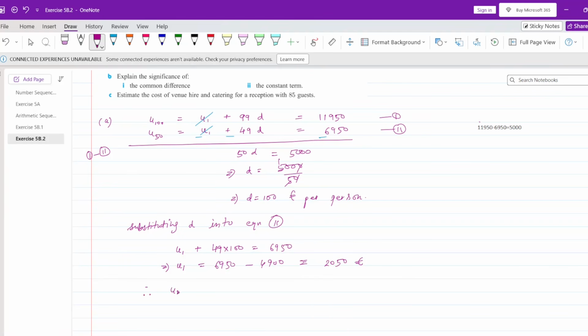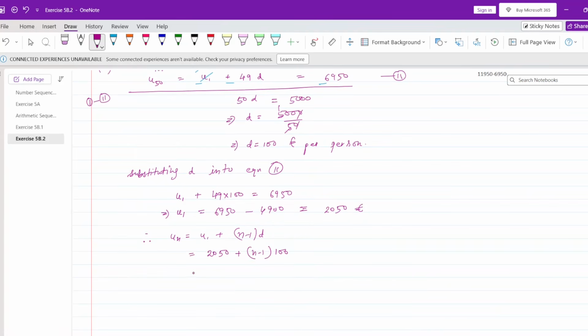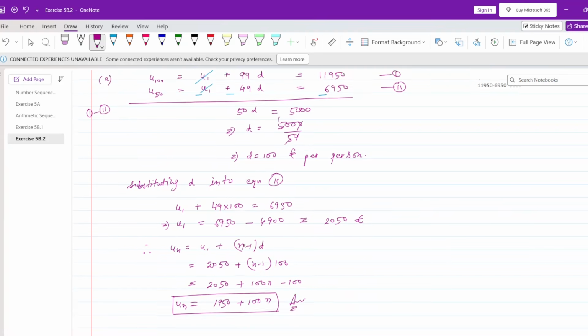Therefore, the general equation un equals u1 plus n minus 1 times d and that is equal to 2050 plus n minus 1 times 100, that is 2050 plus 100n minus 100, simply 1950 plus 100n. This is the answer.